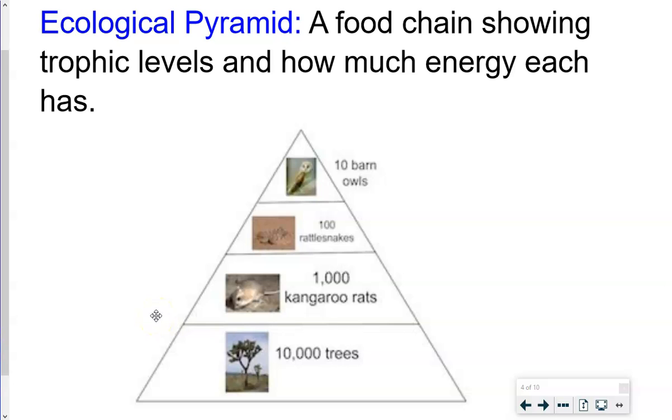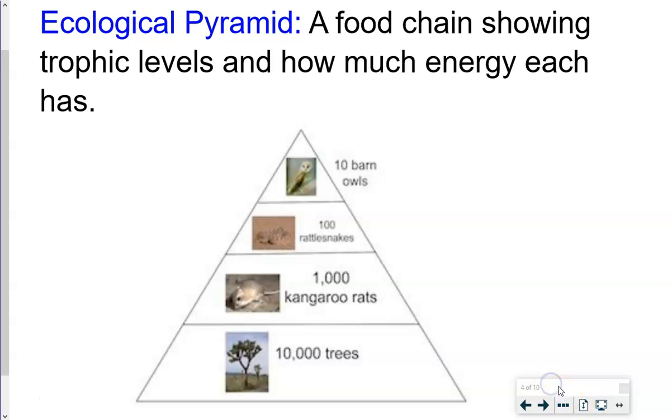So it kind of shows that to have a balanced ecosystem, you need lots and lots of producers to support the consumers above. And you need lots of little first level consumers here to support the ones on top of them. Okay, so this is what the energy pyramid here is talking about.